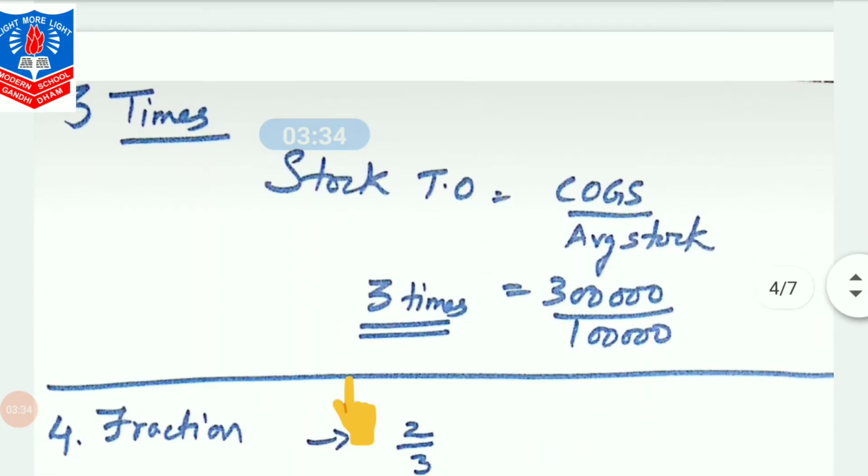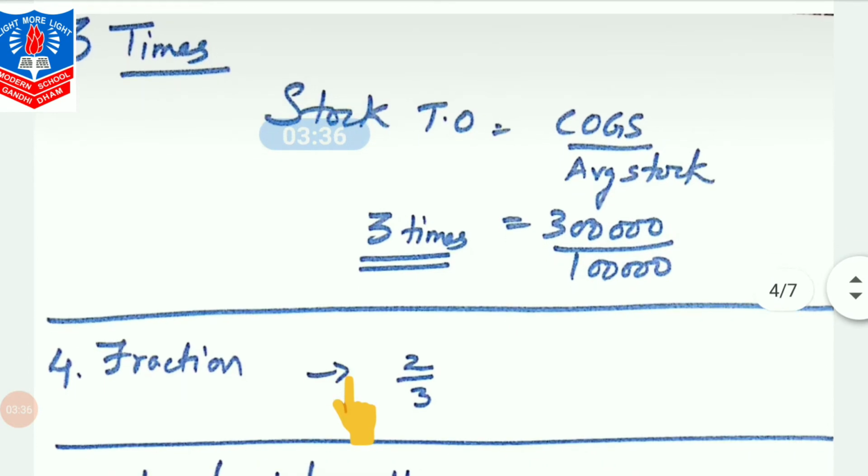So it depends upon the formula, which result you are getting. Like stock turnover: cost of goods sold upon average stock. So 3 lakhs upon 1 lakh gives you the answer in turnover, that is times. How many times in a year is the stock rotating? 3 times.